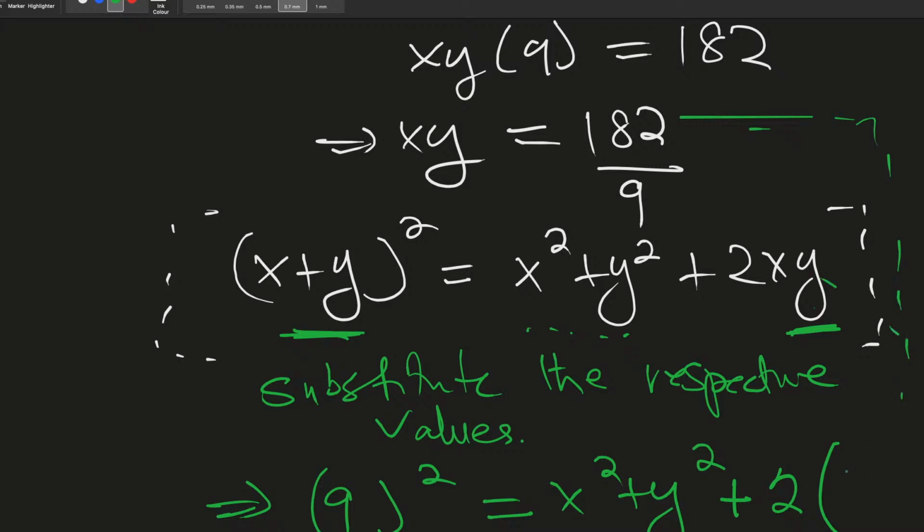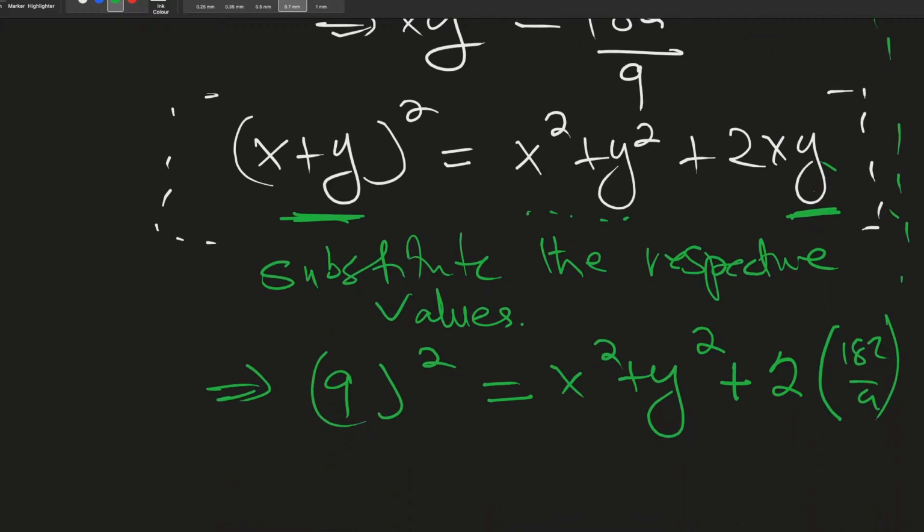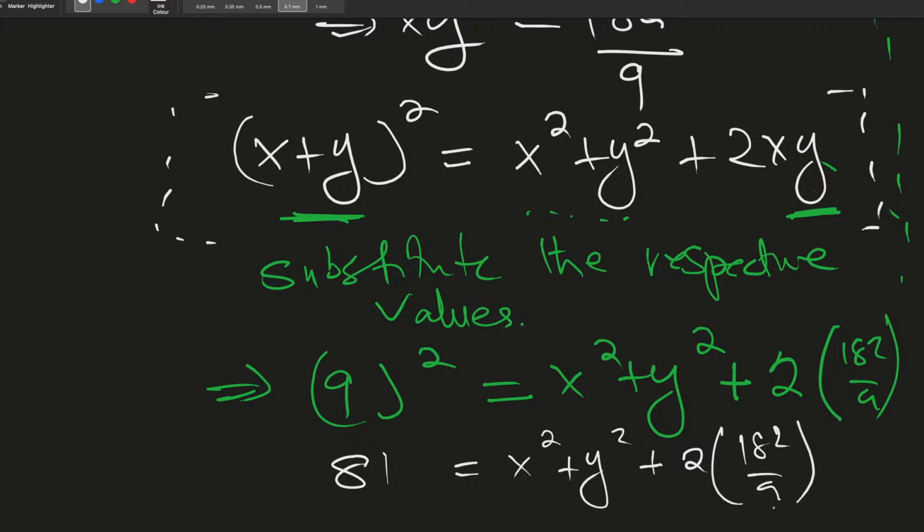So this is going to be 182 divided by 9. Friends, if we compute this very well, using what we know, this is 81 equals x squared plus y squared plus 2 into bracket 182 divided by 9.